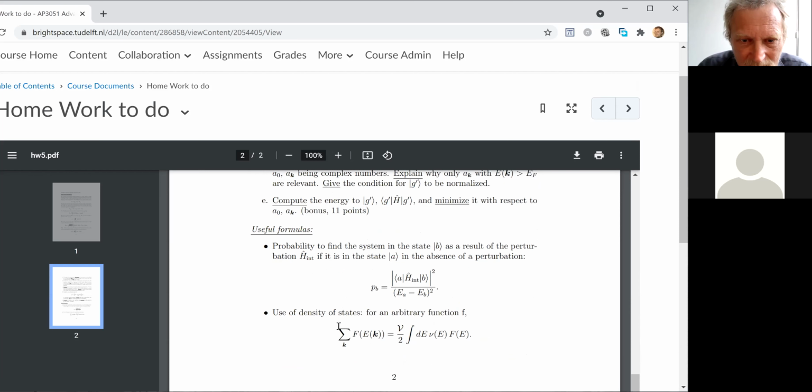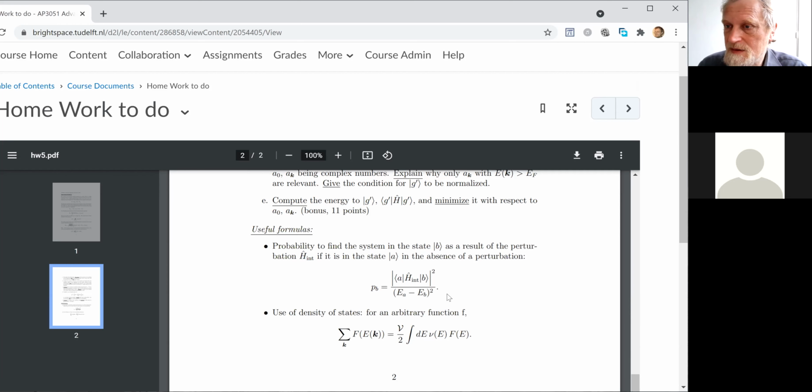I believe there is a formula for this, right? So the probability to find the system in the state B as a result of the perturbation H int, if it is in the state A in the absence of the perturbation, is like this. One can see that it corresponds to usual perturbation theory.